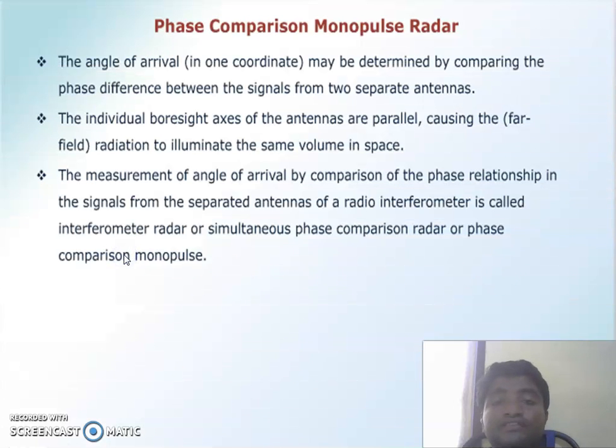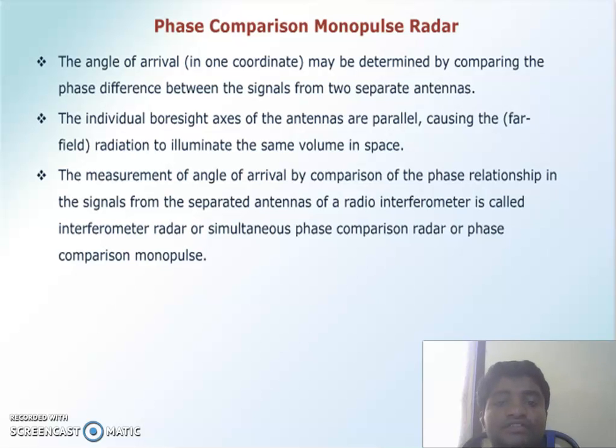In phase comparison monopulse radar, the angle of arrival in one coordinate is determined by comparing the phase difference between signals from two separate antennas. We are going to use two separate antennas, and the individual boresight axes of the antennas are parallel, causing the radiation to illuminate the same volume of space.